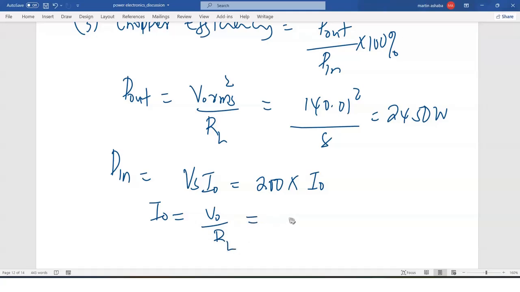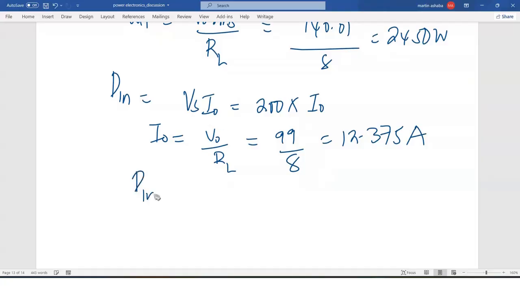V0 is known as 99, divided by 8, and 99 divided by 8 gets 12.375 amps. So therefore, power in is going to be 12.375 times 200, and this is giving us 2475 watts.